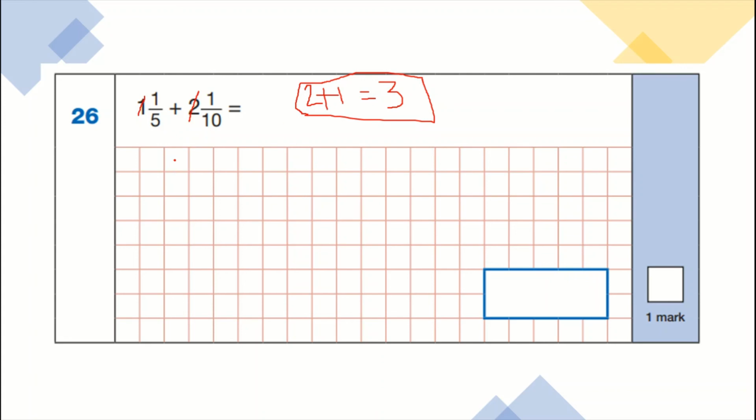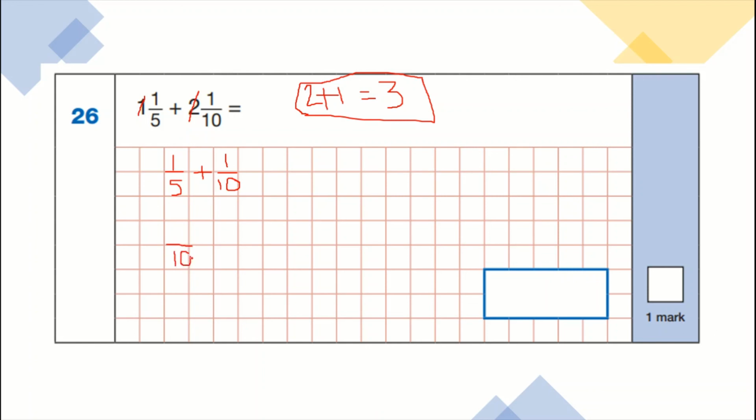Now we have to add 1/5 and 1/10 together. To work this out, we need to make the bottom number, or the denominator, the same. So we know that 5 times 2 is 10, so if we keep this number the same and change this 1 to a 10, that will be 5 times 2 is 10.